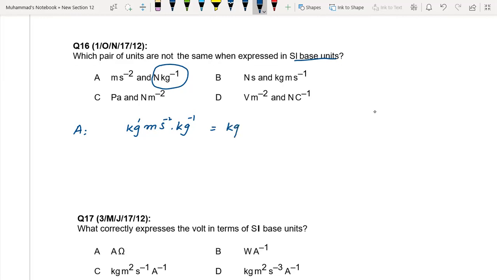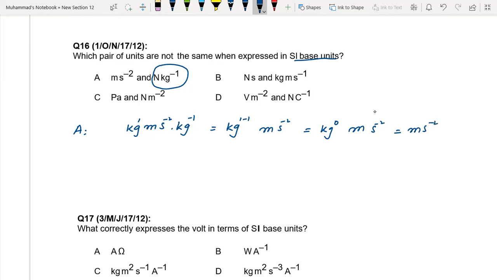So kg^(1-1) m s^-2, that is kg power 0. Anything power 0, you know, is 1, so this is m s^-2.